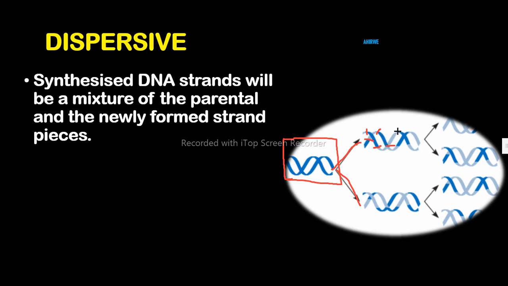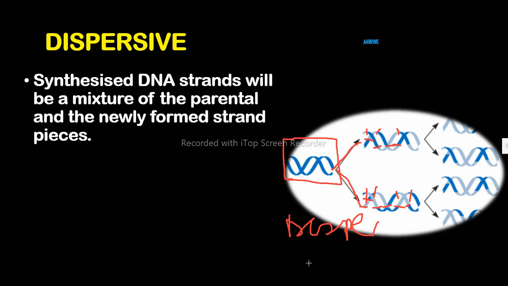And those segments that are faint, those are newly synthesized strands. This is a newly synthesized strand. And then this is the old strand of DNA. So this is really dispersive. So you continue from generation to generation.